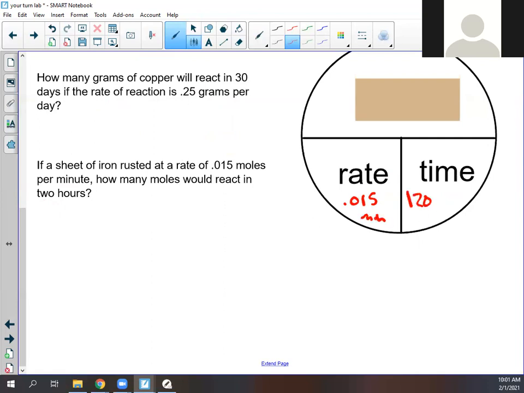This is 120. So probably everyone just multiplied it by 2. Did anyone multiply it by 120? Okay, so make sure you read carefully, because chemistry is really good at screwing over your lives. That's not the answer, but yes, the time is 120 minutes.